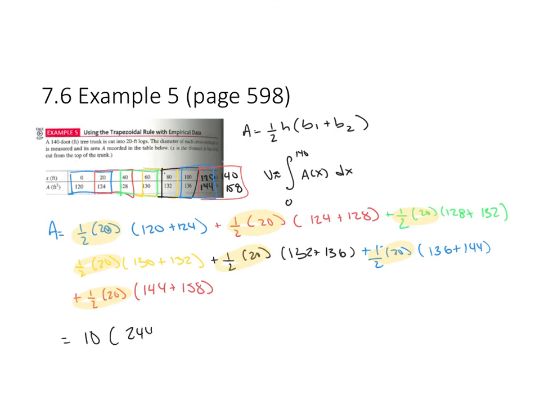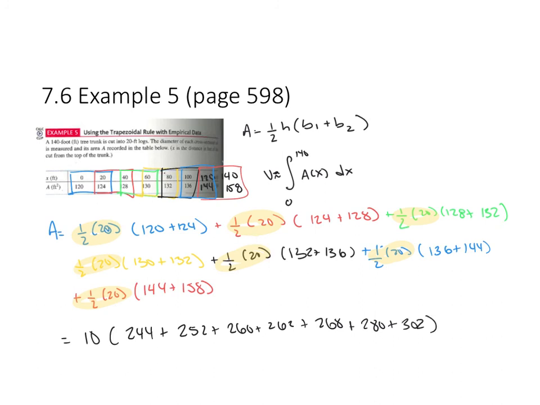So this one's 244, 250, 252, 260, 262, oops, 268, 280, 302.